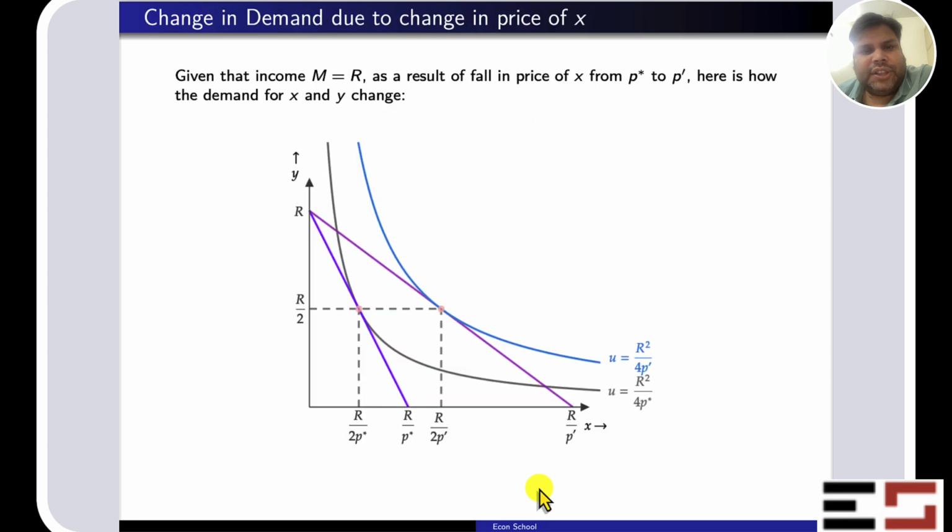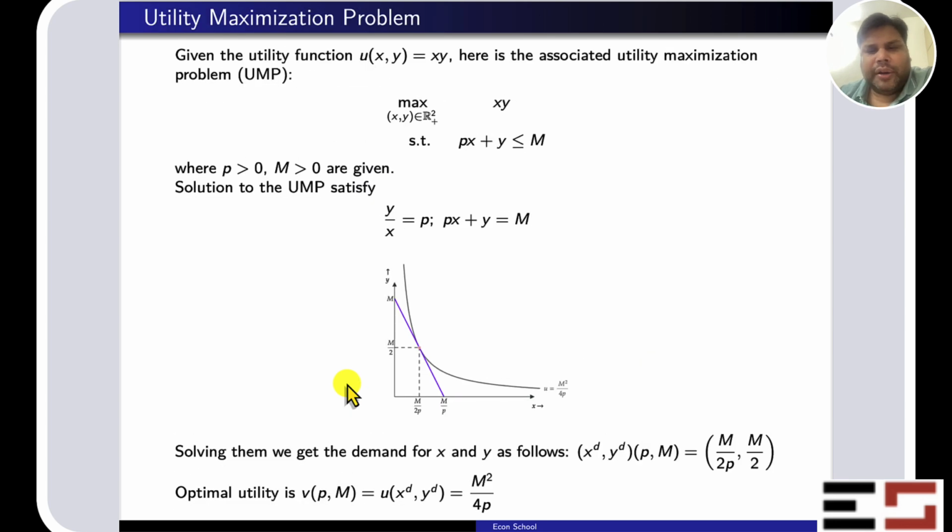So this is how the situation will look, and notice that in this case the income is R. This was your original budget line, and this is R by p star. The optimal choice was this point, which is R by 2 and R by 2p star, and you can easily get this by plugging in m equal to R and p equal to p star in this expression.